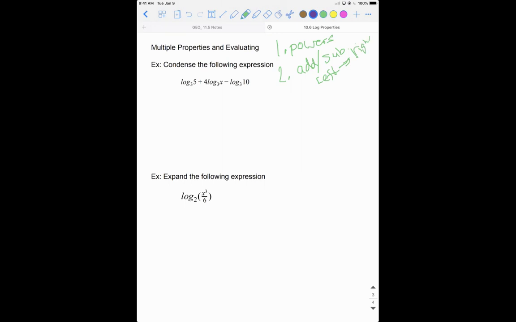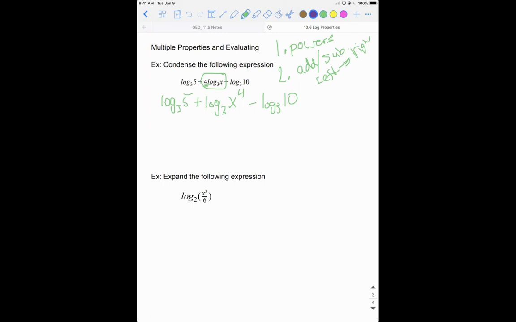All right, so first we've got to see, can we move anything to a power? First thing that jumps out is this thing, that 4 can be moved to a power. So this gets turned to log base 3 of x to the 4th power, and let's bring the rest down. Log base 3 of 5 minus log base 3 of 10.